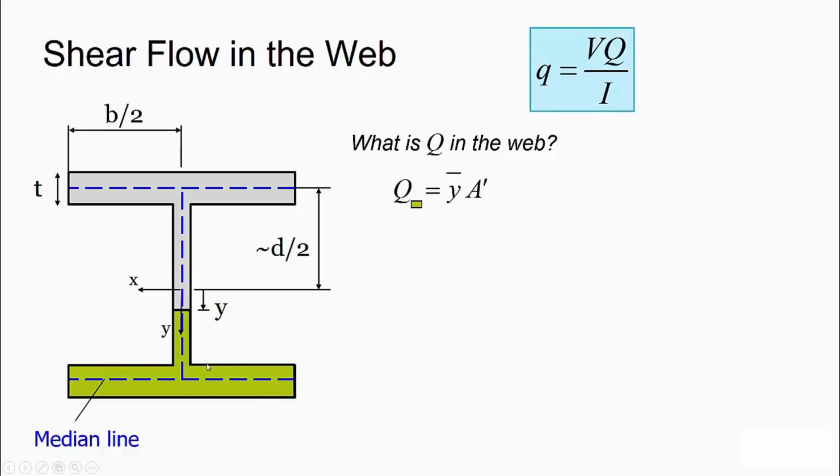But we can recognize that this area defined by this green block is actually a compound area, and make our lives a little bit easier by dividing that into two rectangular areas, and I'll label them 1 and 2. So Q for all of this area then becomes y bar 1 times A prime 1 plus y bar 2 times A prime 2.